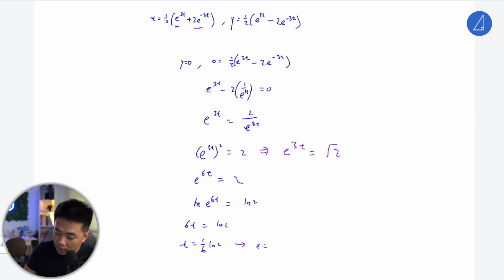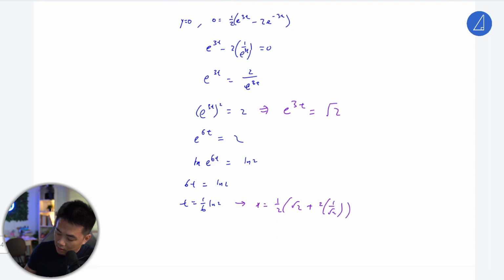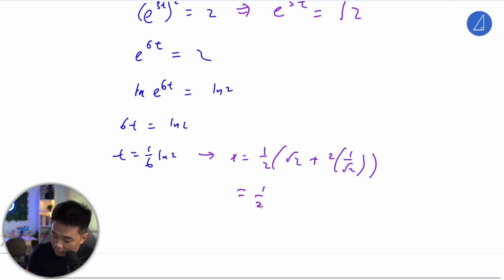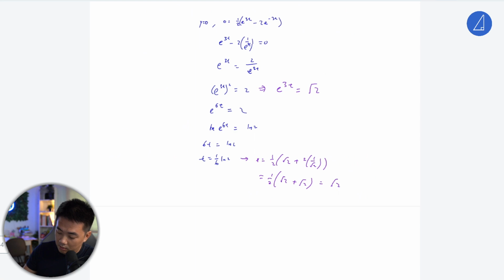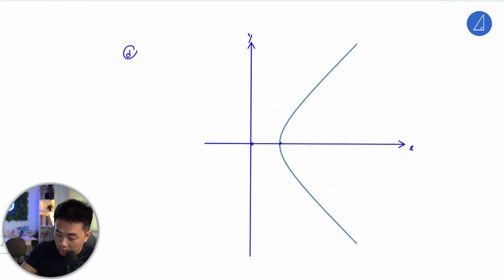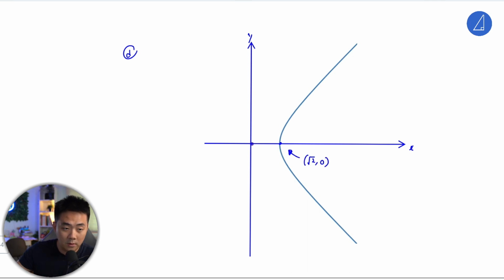Okay, so I could just sub square root 2 inside: half root 2 plus 2 times 1 over root 2. Rationalize the denominator, 1 over root 2 will be root 2. Okay, great. You can just slowly work it out. So this is root 2, 0.